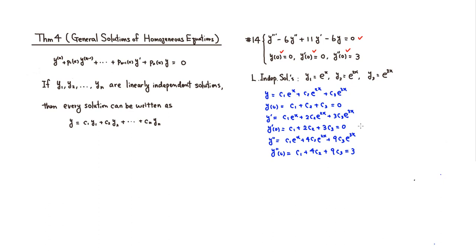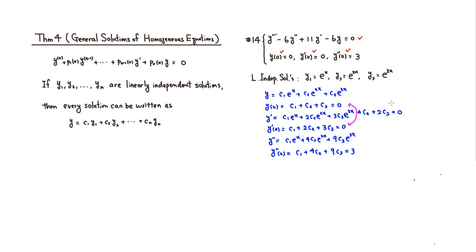I'm going to use these two equations first, and subtract the first equation from the second. c1 minus c1 is 0, 2c2 minus c2 would be c2, and 3c3 minus c3 would be 2c3, and that's equal to 0.